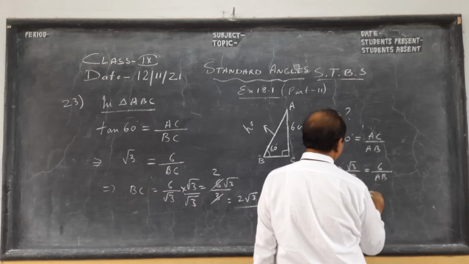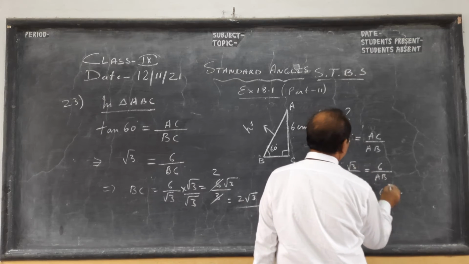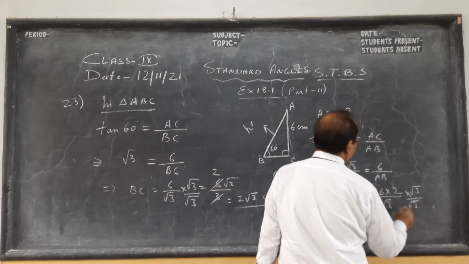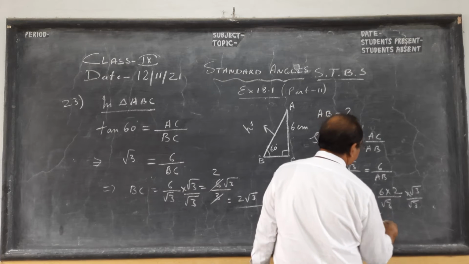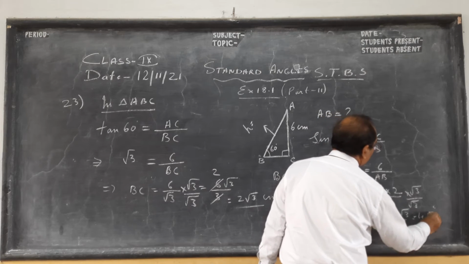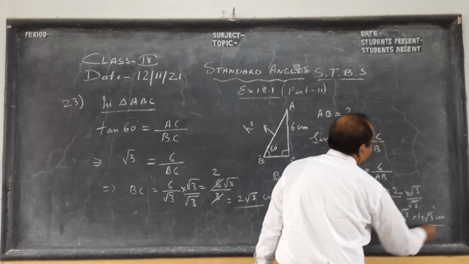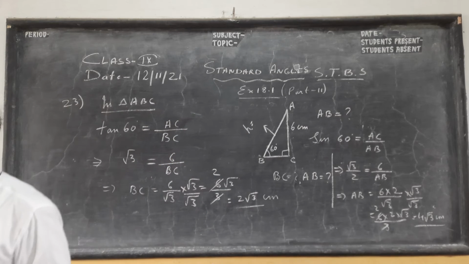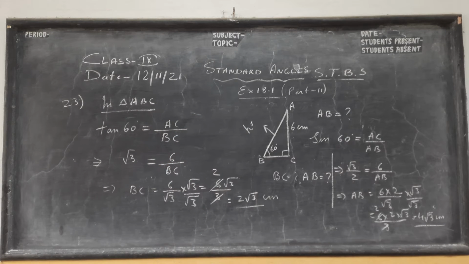AB comes here, 6 goes there, 2 goes up, root 3 comes here. We rationalize like before, so down becomes 3, and 3 twos are 6. So we get 4 root 3 centimeter. So kindly pause the video and copy, then we will move to the next question.